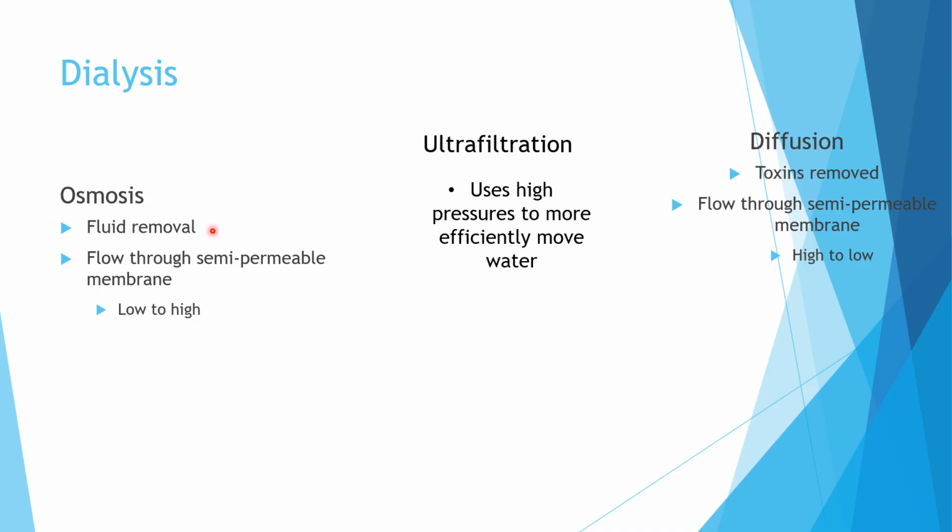Osmosis is going to be our fluid removal, right? Fluid's going to go from a low to a high. So if we have an area that has a lot of water, a low osmolarity, we're going to shift to the high osmolarity. If we think about it like this: here is lots of water, not many solutes, there's 3 little solutes there.